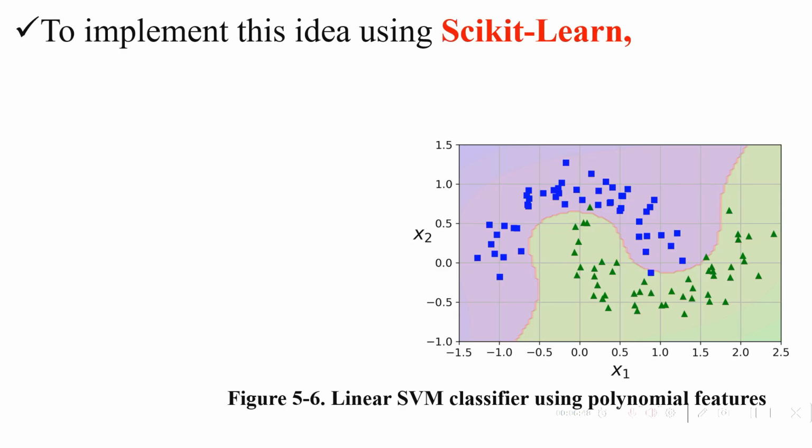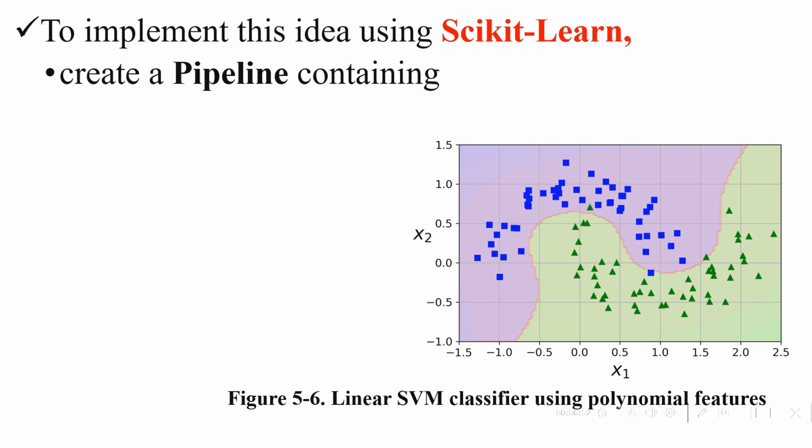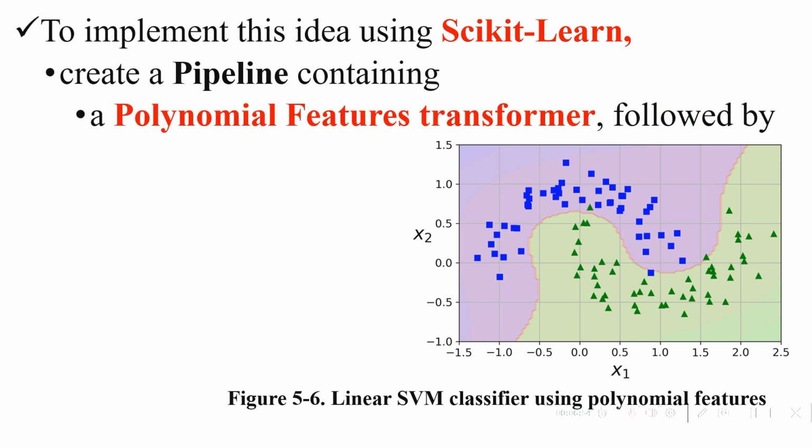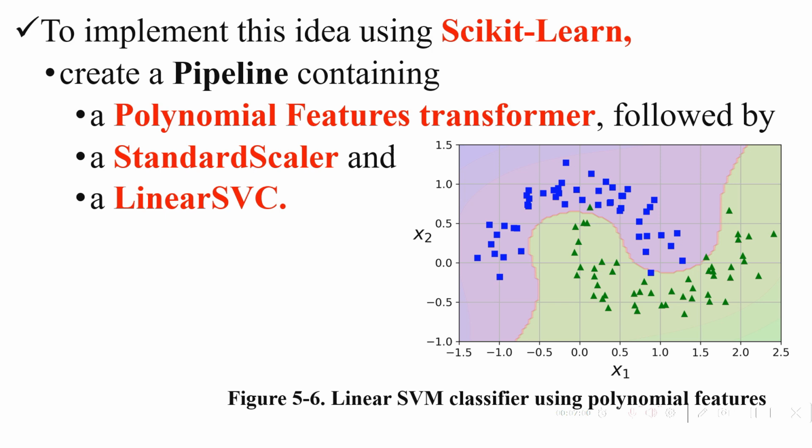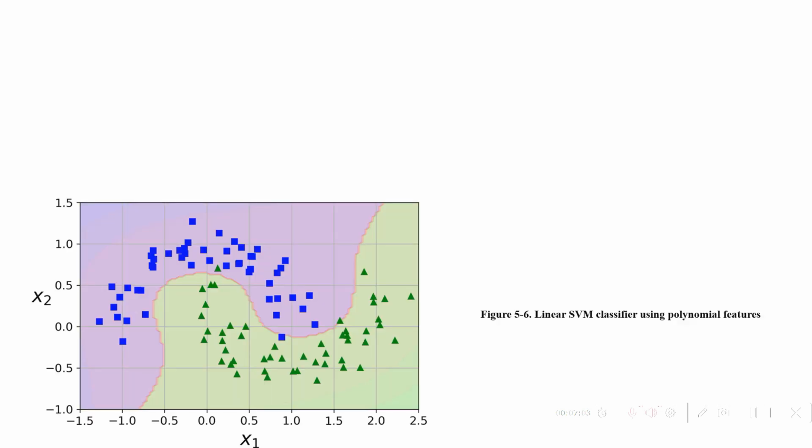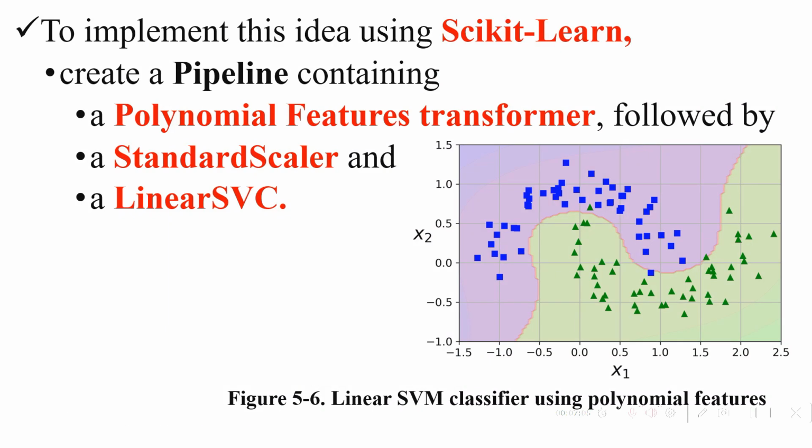So here we are going to use scikit-learn to classify the data points. We are going to create one pipeline that contains a polynomial feature transformer, then a standard scaler, then a linear support vector classification. The steps are: first, convert the given data points.